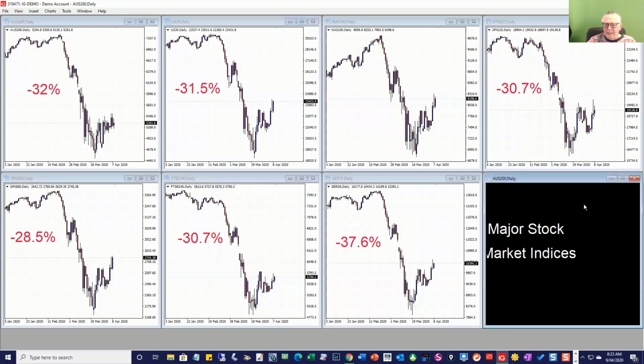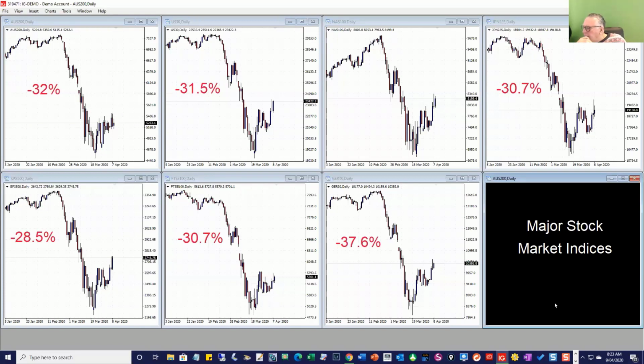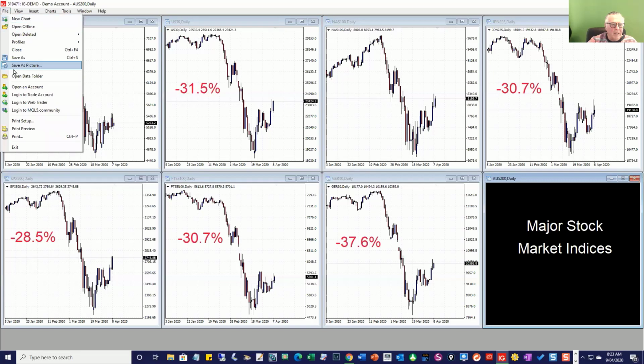Now, for instance, here's an example. Does anybody know how I made the chart look like this? There's a clue. How did I make the chart look like that? All right, so yeah, there's a few guesses coming in.